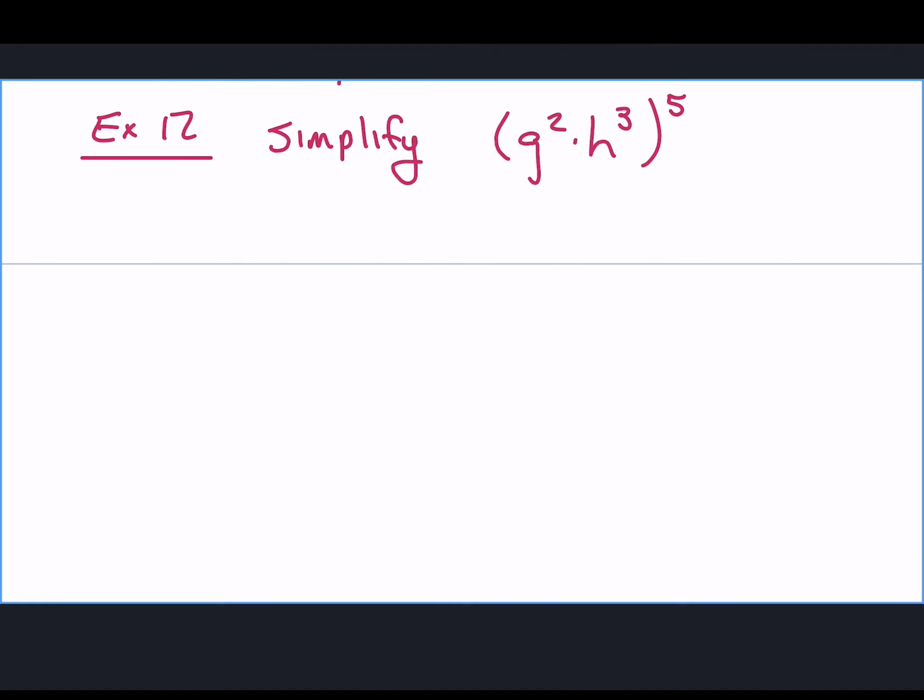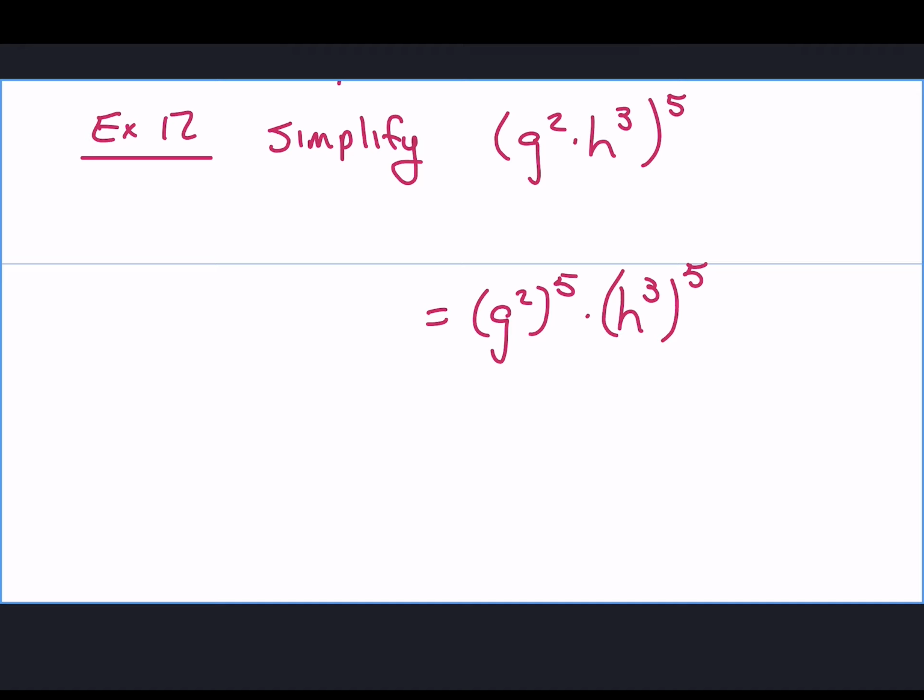Okay. What can we do to simplify this? Distribute and then multiply. We can distribute the exponent, that 5 inside, to each of the factors. So we get our first factor, which is g squared raised to the 5th power, times h to the 3rd raised to the 5th power.